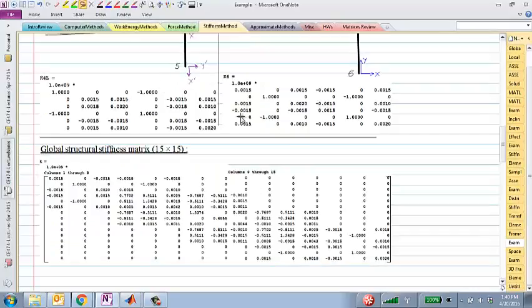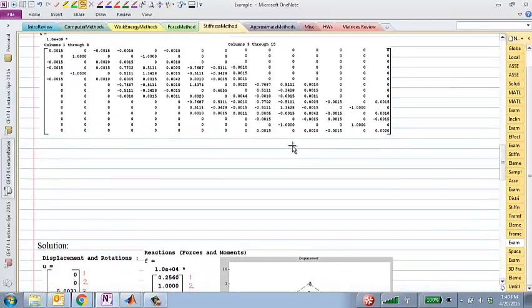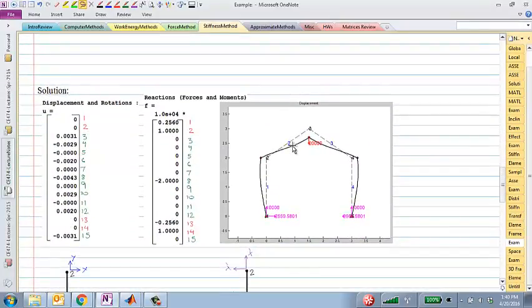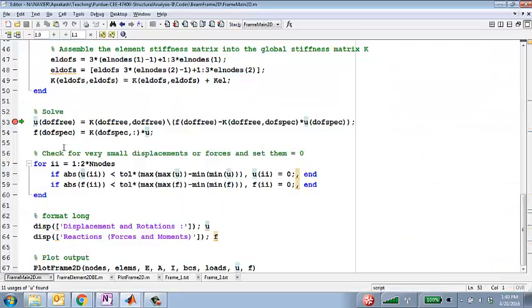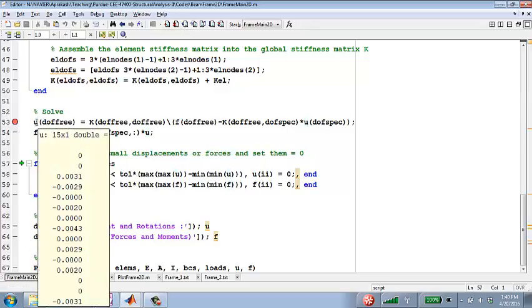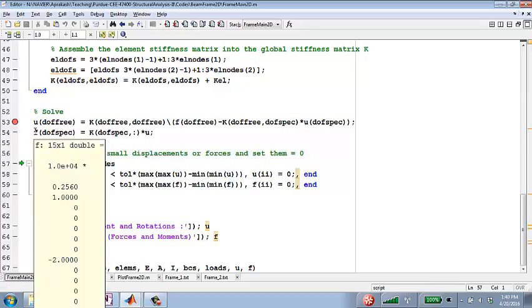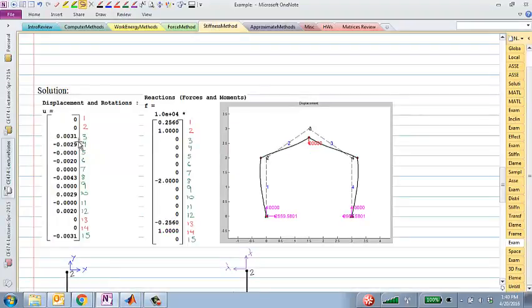Once I have this system, these two lines in MATLAB, 53 and 54, solve for the global displacement and the global force vectors, which includes reactions as well. And that's what's mentioned on your handout here. So this is the solution for displacement, and this is the solution for reactions.